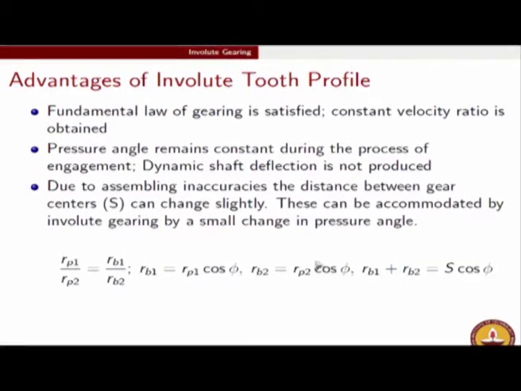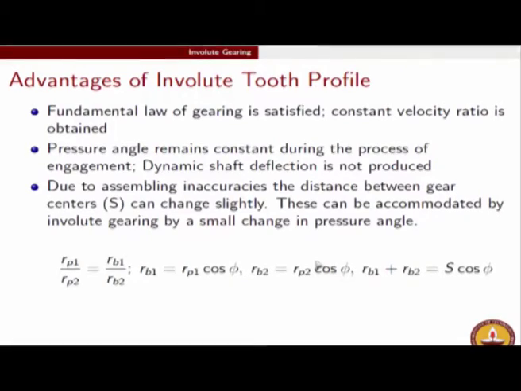Another very important advantage, from the perspective of manufacturing, is that it will definitely happen that the shaft distance will change due to assembly related inaccuracies. What happens is that the worker will try to force fit one gear and ensure that meshing action just takes place.